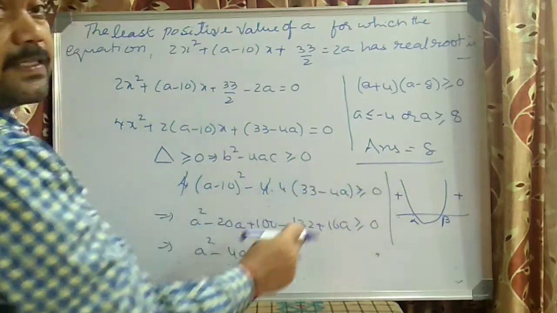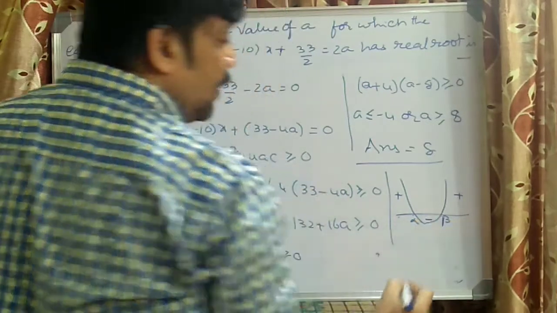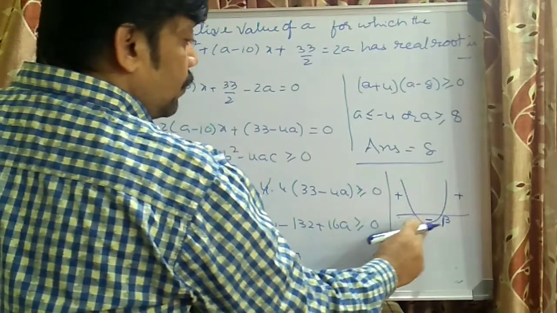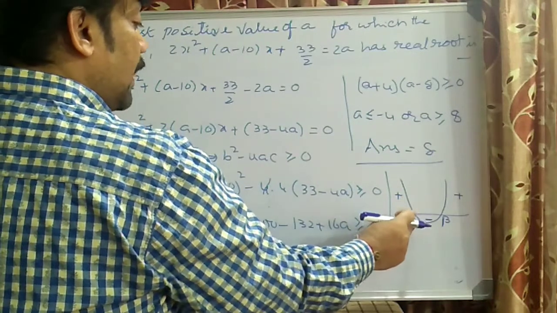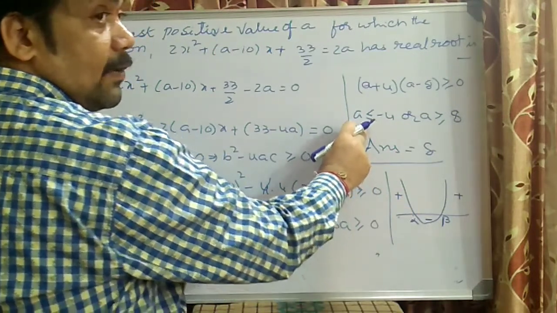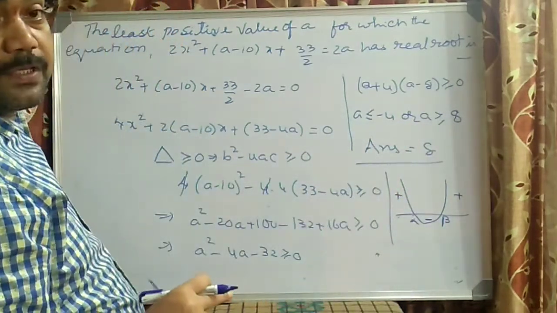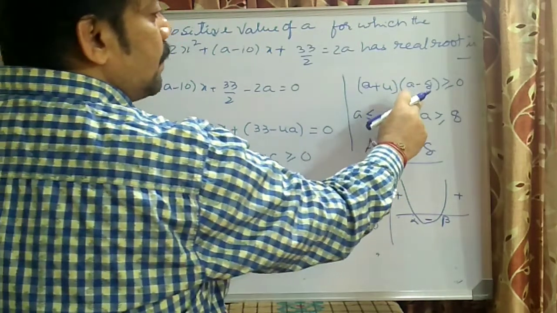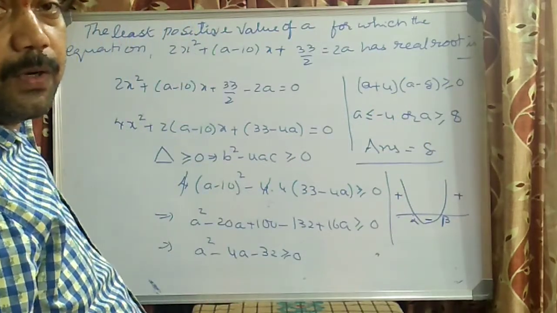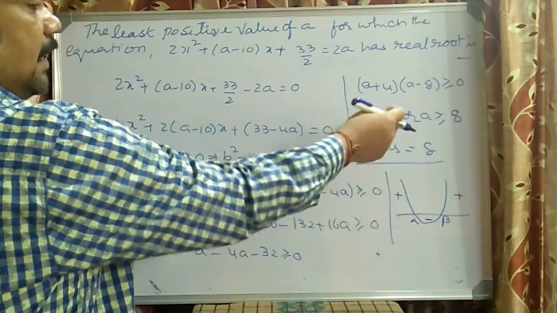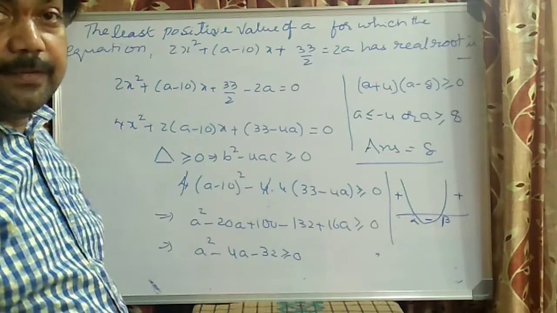Below the x-axis means y will be negative. So you can say between the roots alpha and beta, this part is negative. And for less than alpha, which is minus 4, and for greater than beta, which is 8 here, this part satisfies the condition that it is greater than or equal to 0. So very clearly you can see from the board, the answer is 8.